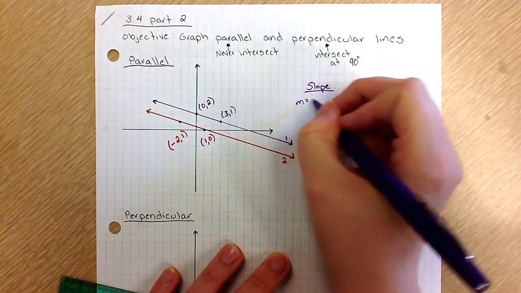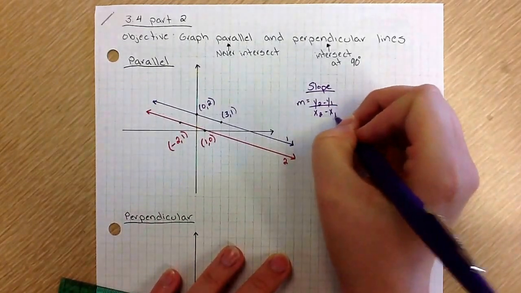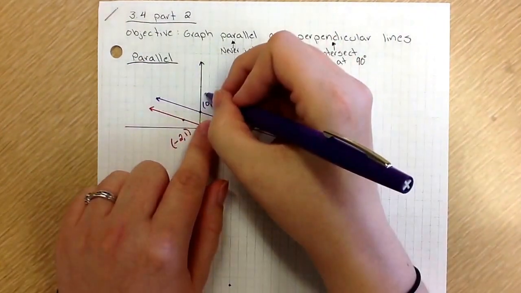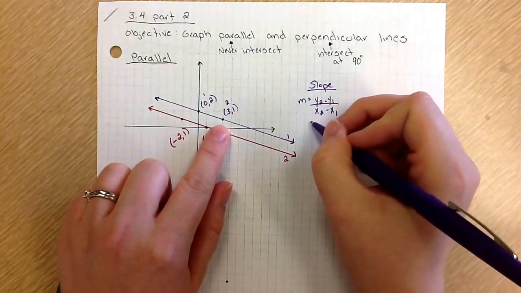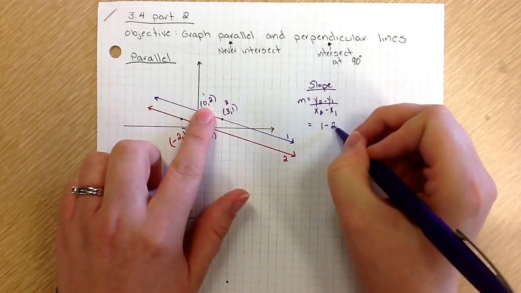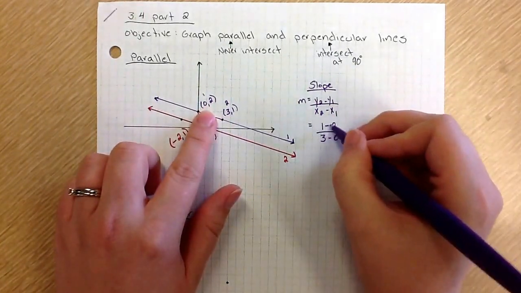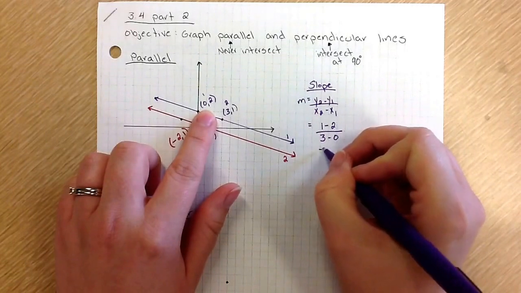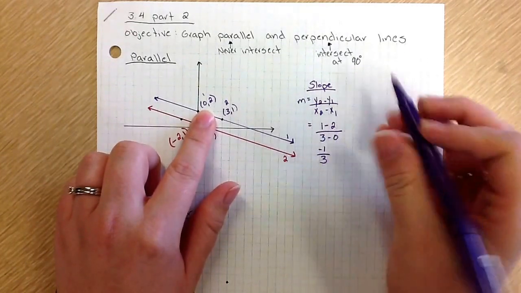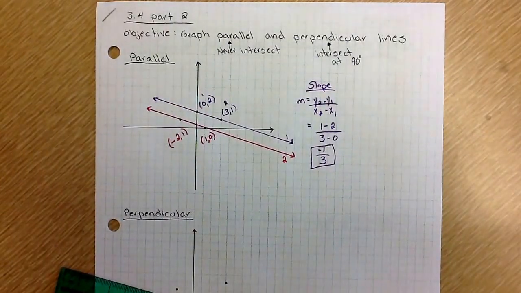The slope is equal to y2 minus y1 over x2 minus x1. Let's have this be point 1, this be point 2. y2, which is 1, minus y1, which is 2, over x2, which is 3, minus x1, which is 0. 1 minus 2 is -1 over 3. So my slope for the purple line, my line 1, is -1/3.